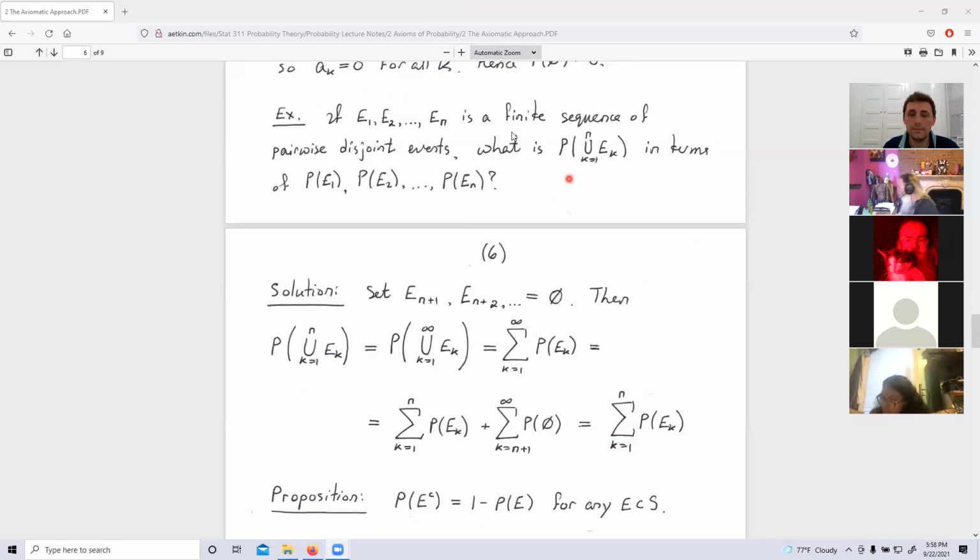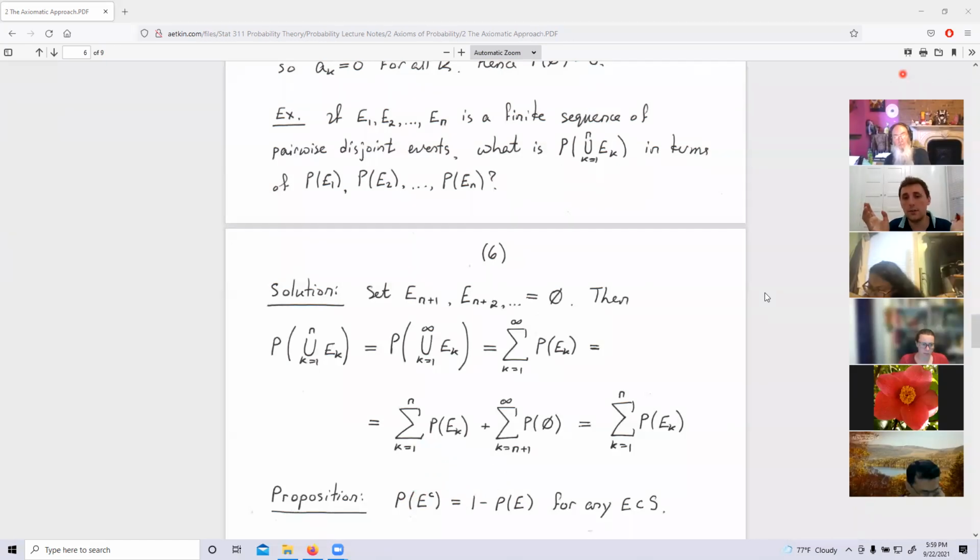Axiom 1 is only saying that P of E complement is between 0 and 1. It doesn't tell us how to calculate it. It doesn't tell us that it's 1 minus. It just tells us that if this formula is true, it's not violating axiom 1, but it's not following from axiom 1.